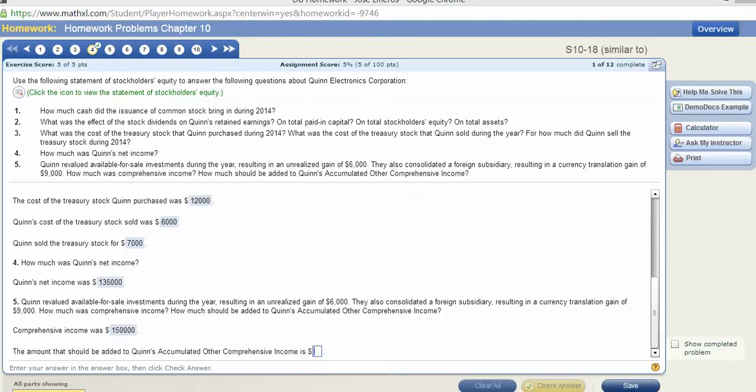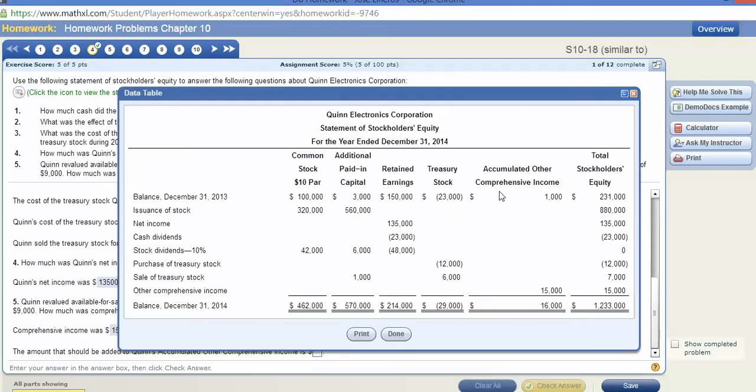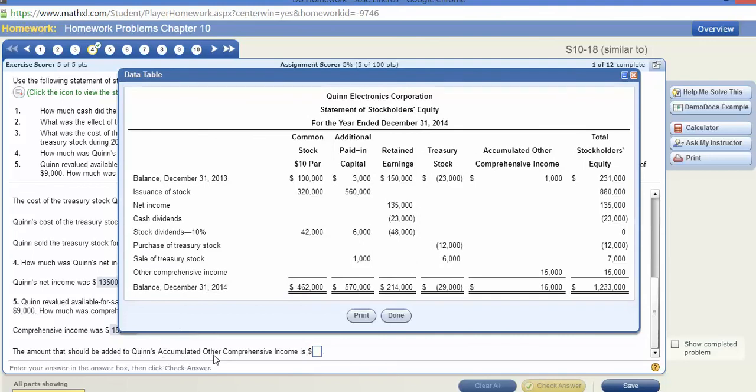Let's look at the next one. Now it's asking you how much should be added to Quinn's accumulated other comprehensive income.